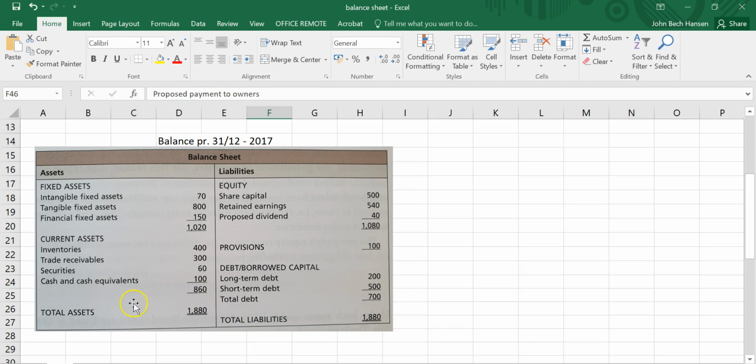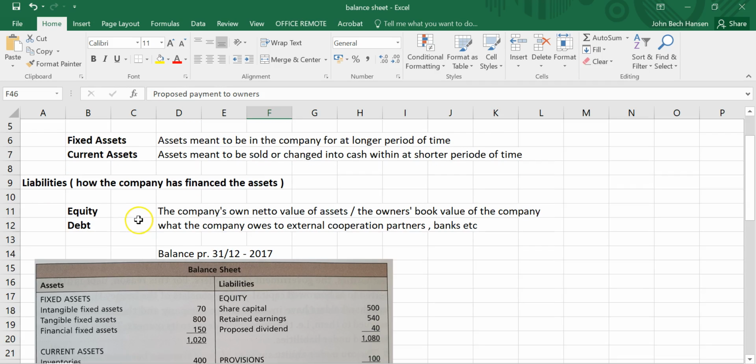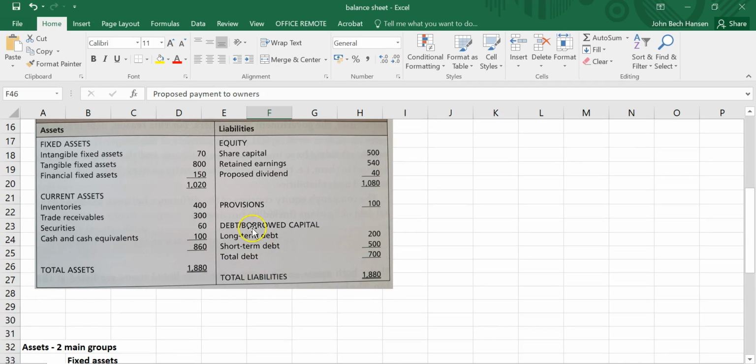Now, if we look at the other side, the liabilities, that is telling us how the company has financed all these assets. We can see that it's financed by equity, provisions, which is a sort of debt which is not actual at the moment, but we expect it to be a debt to be paid.